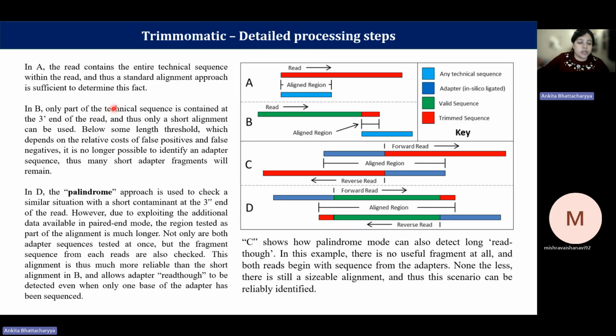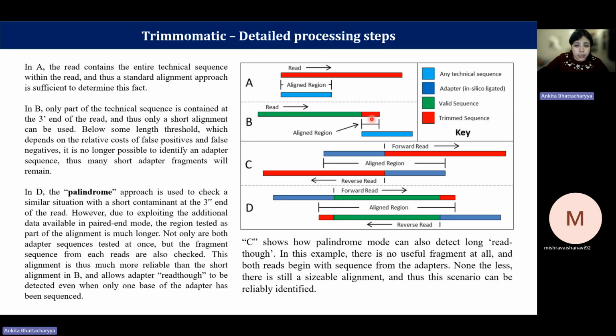The second situation is where only partial alignment is seen for the technical sequence towards the 3' end of the read, and therefore only a short alignment can be seen. Look here, this is your technical sequence. Technical sequence basically means what you are using for checking the alignment and checking the efficiency of your tool.